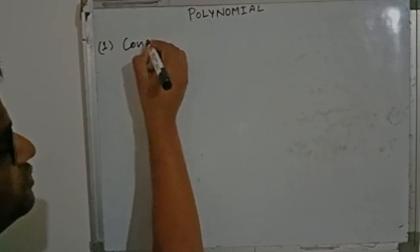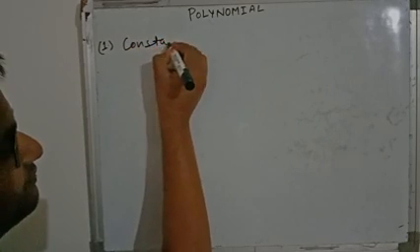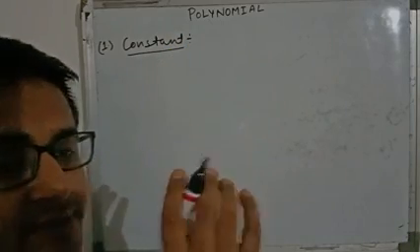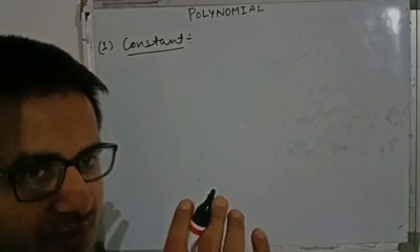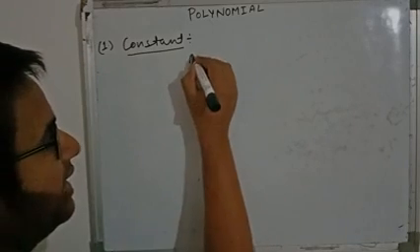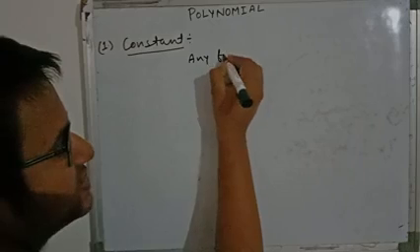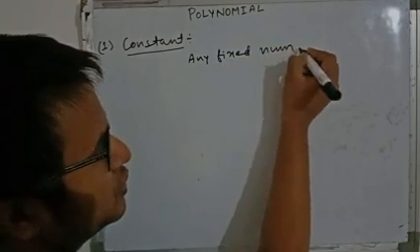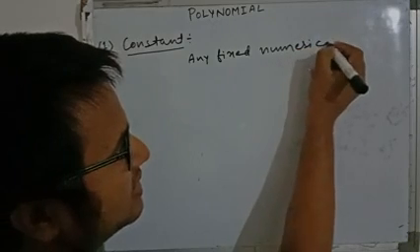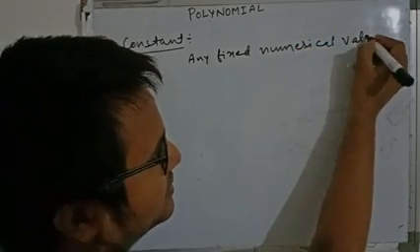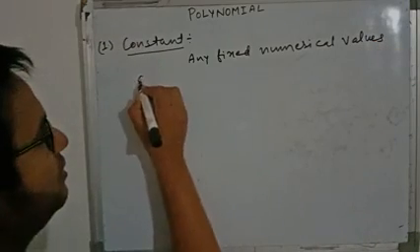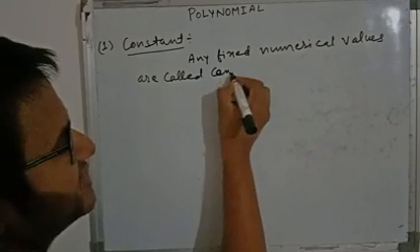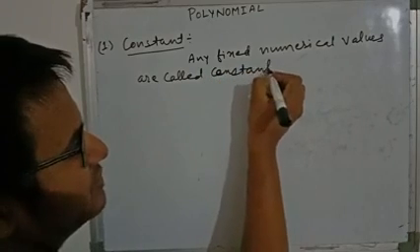constant. Constant means any fixed numerical values are called constants.